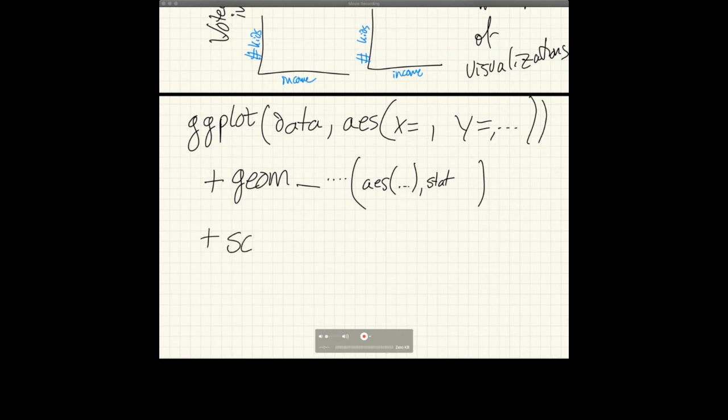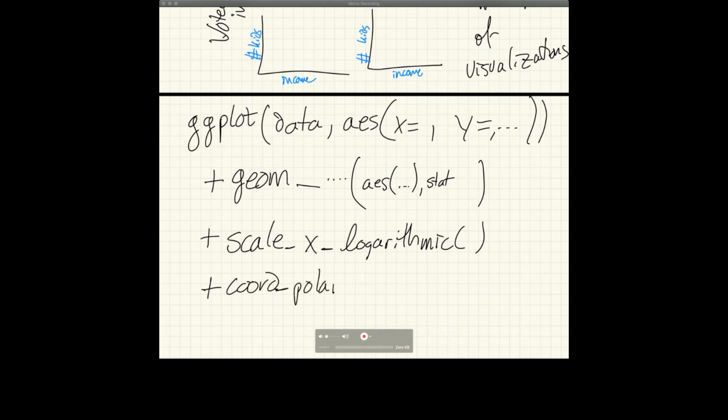Then I might involve something like a scale, and then I might change it to polar, which would be coord, or I might keep it as Cartesian, which is the default, and then I can facet by a group or collection of groupings.